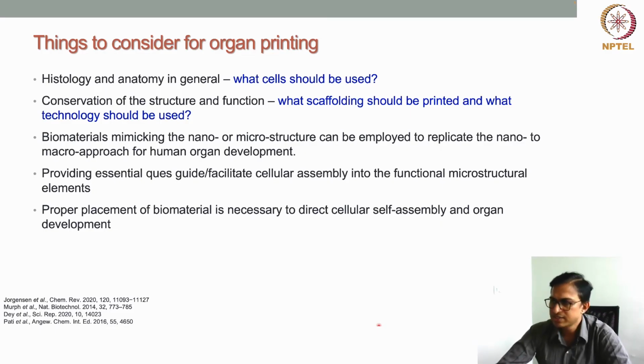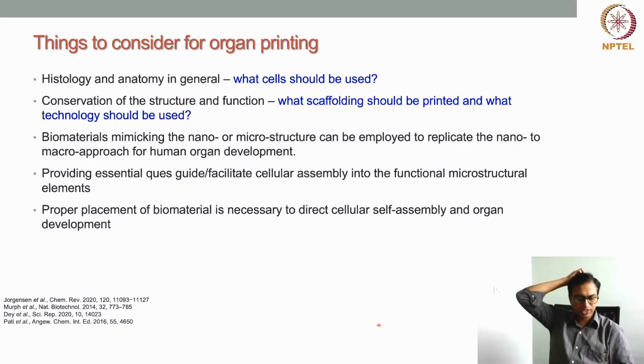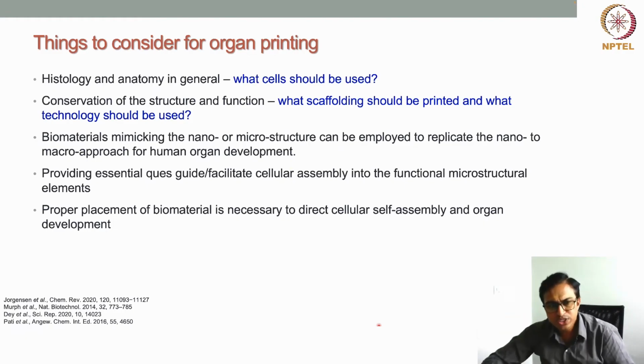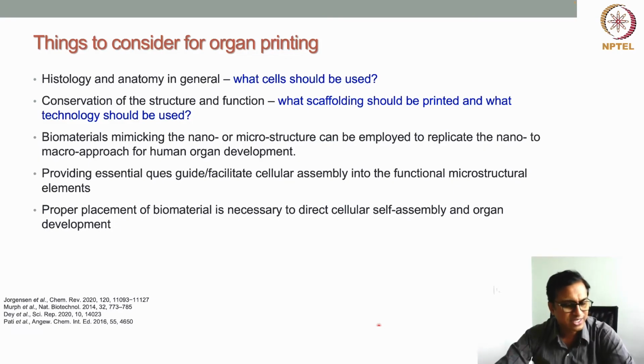In certain cases, the bioprinting strategy can guide the cellular assembly. In the case of inkjet printing or laser assisted bioprinting, we can do this. Suppose we print the cells in a certain pattern where we can put them close to each other, for example a spherical pattern.